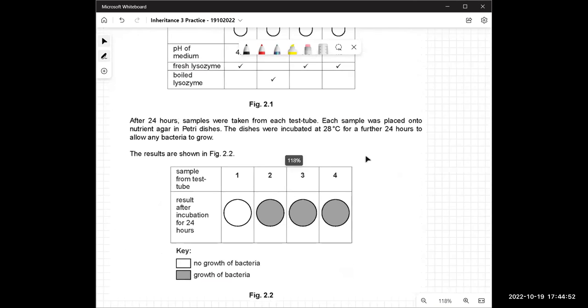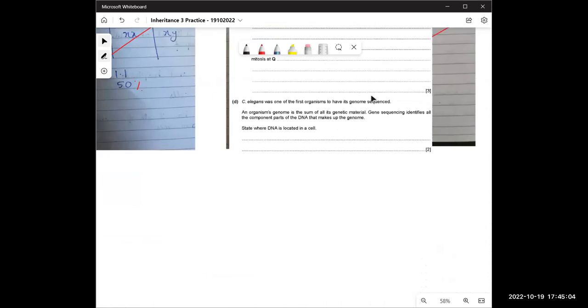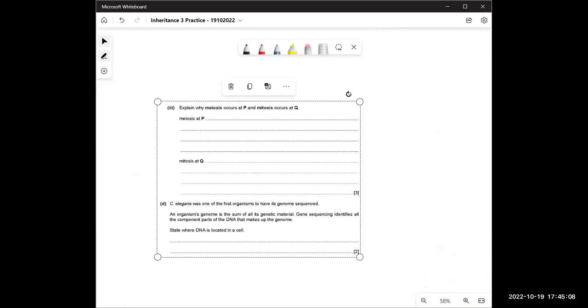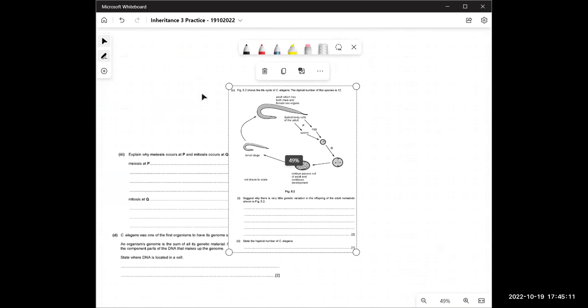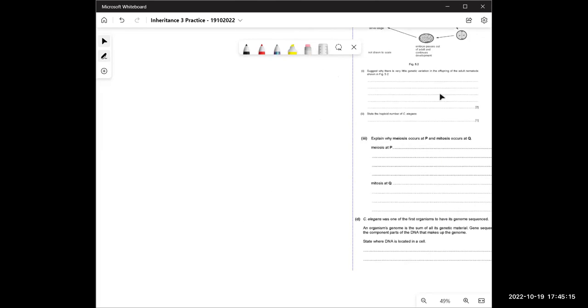Now, this question, again, is about artificial insemination. Let's go to the next question. We look at meiosis and mitosis, right? Let's start reading the question.